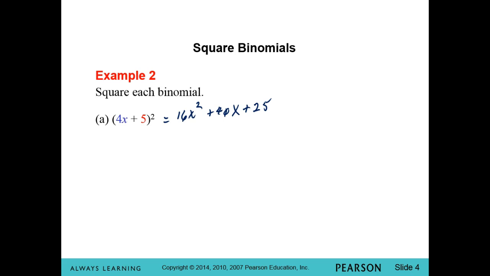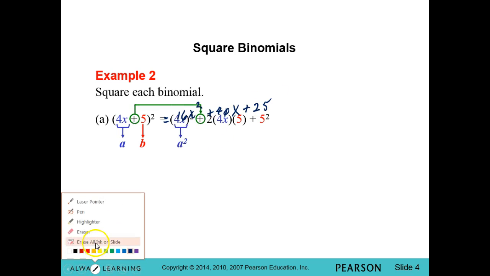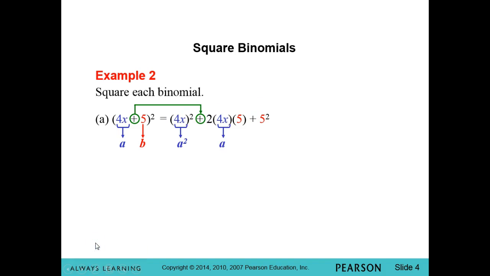Let's see how they did it. All right, first, you treat this as an A and that's the B with a plus in between. Square the first, 4x squared. Same sign.